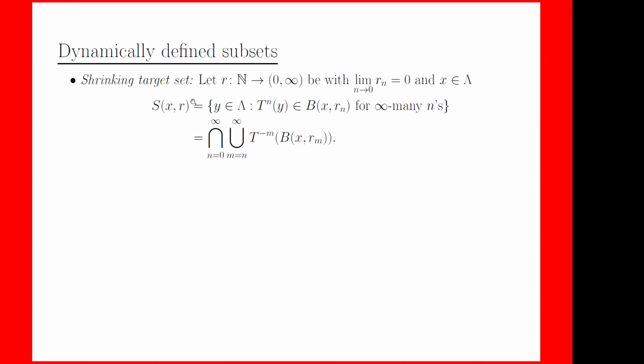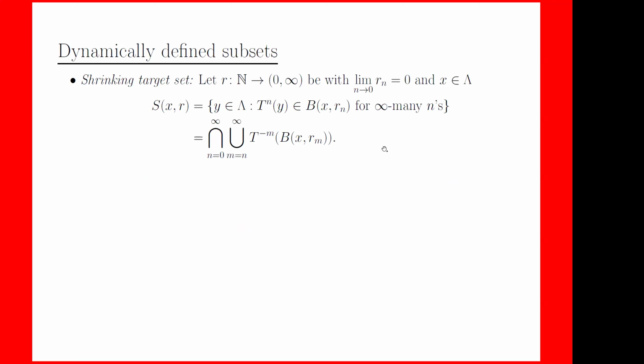And you are searching for those points from the attractor whose orbit along this natural dynamics on the symbol, on the self-similar set, will hit the small shrinking neighborhood of x infinitely often. And this can be represented as a limsup set of the inverse images of these target balls.